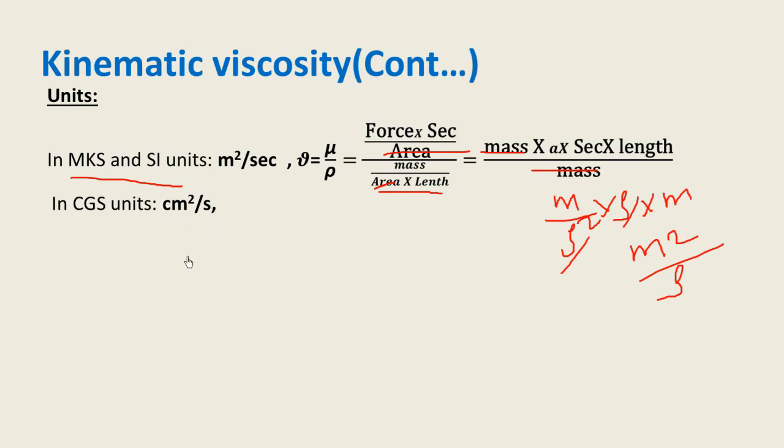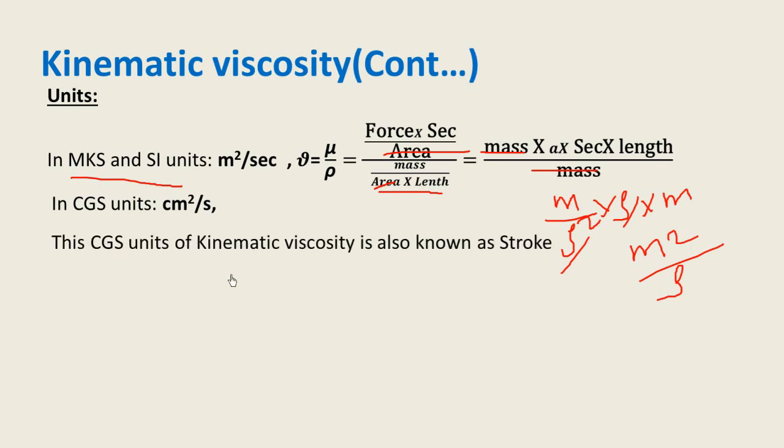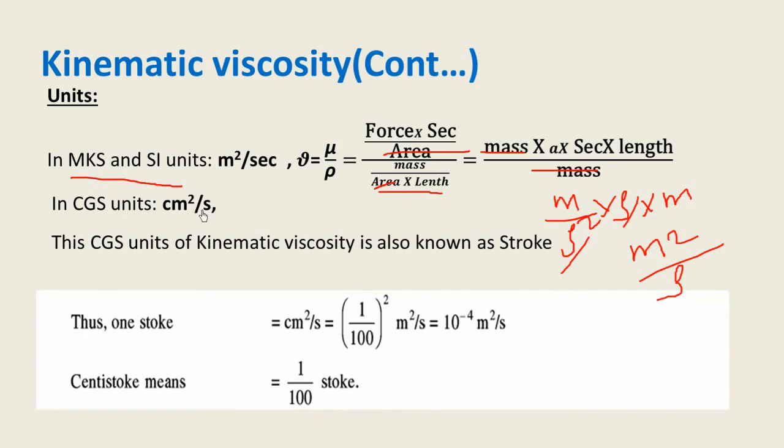Similar to dynamic viscosity, where the CGS unit is the poise, here in kinematic viscosity we call the CGS unit the stoke. Try to remember that: dynamic viscosity CGS units are poise, and kinematic viscosity CGS units are stoke. Stoke can be written as centimeter square per second.